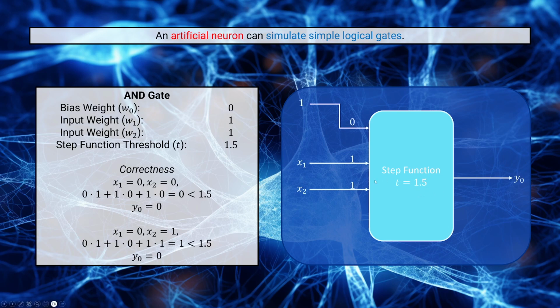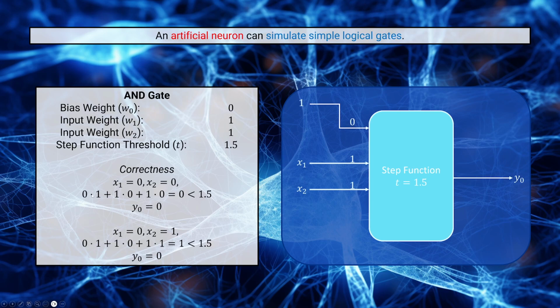What we'll also be able to see there is that if we don't have two 1s here, so that we can add up to 2, that if only one of them is on and the other one is a 0, then we would have a sum of 1. And 1 is less than 1.5, and so we would get an output of 0. And again, I've confirmed this here. You can go and verify with me.